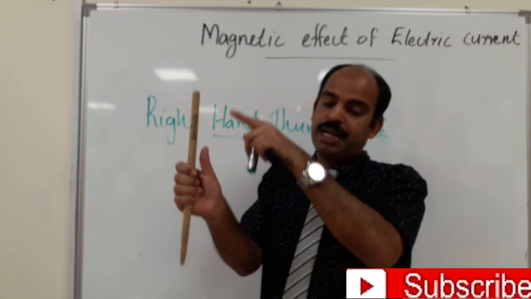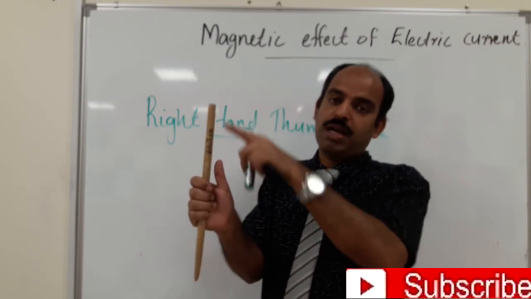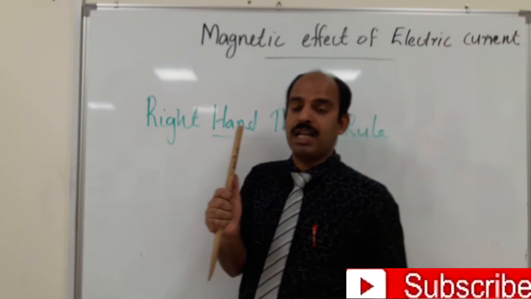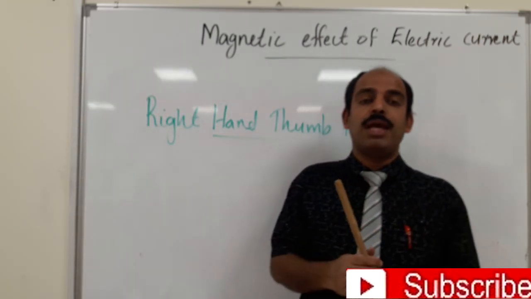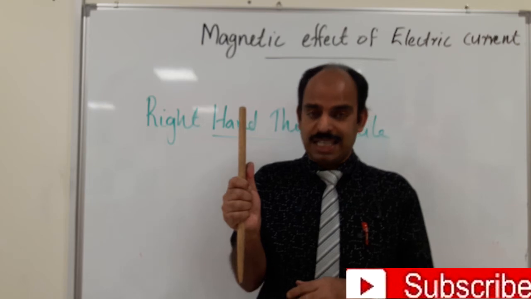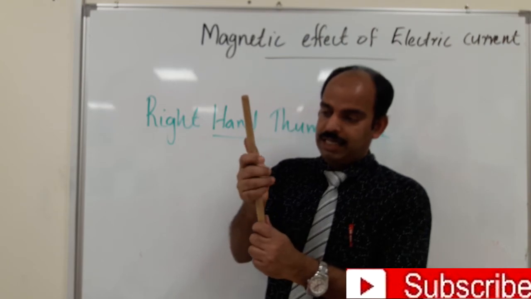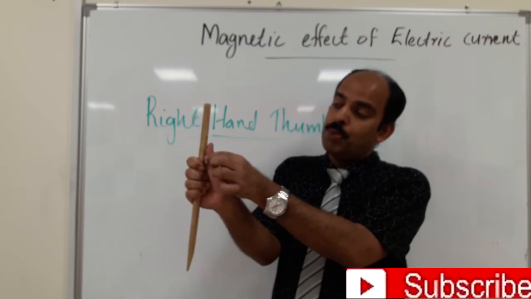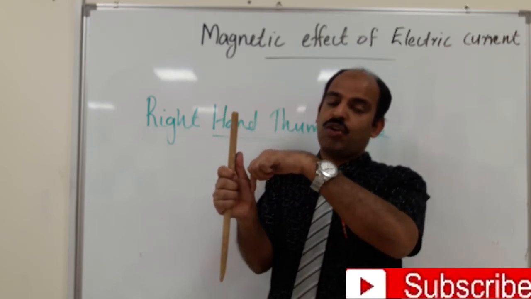So the thumb points in the direction of current. Then the encircling fingers will give the direction of the magnetic field.